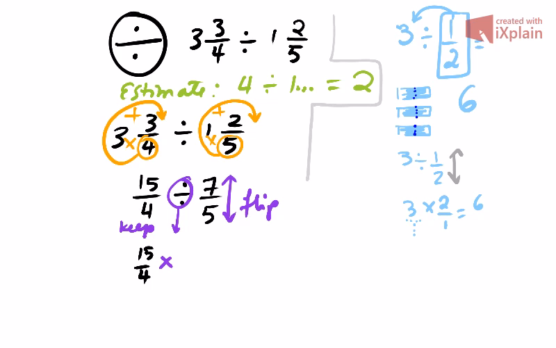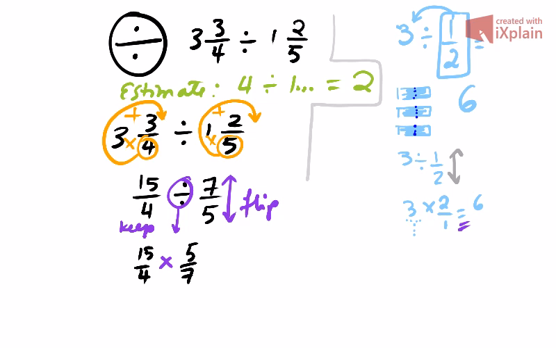But it's important to see why we are actually doing that flipping. So 7/5, 5/7. It completely changes. The reciprocal is completely swapping top and bottom. So now we are back to a multiplication, and we know what to do. We multiply across.